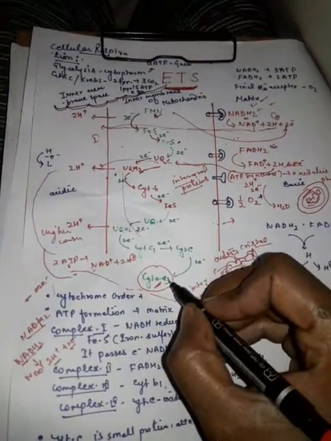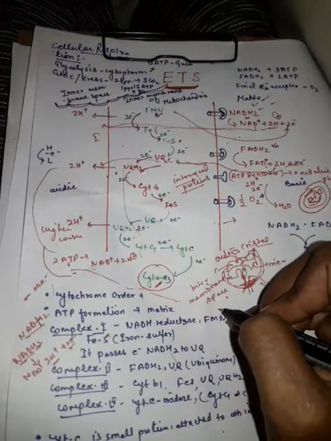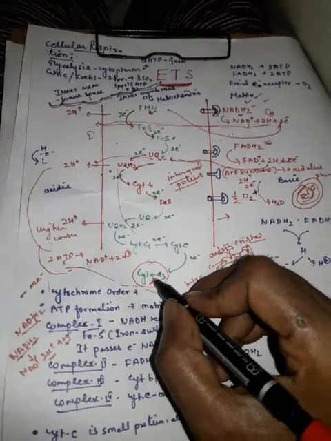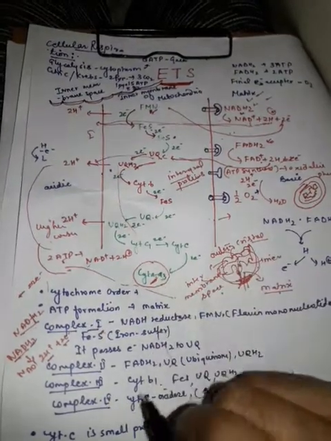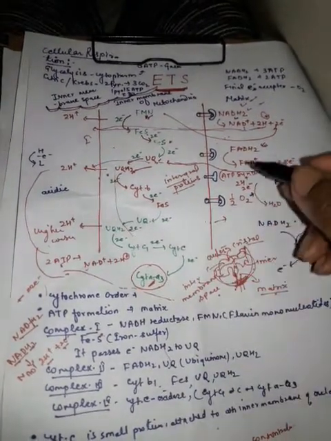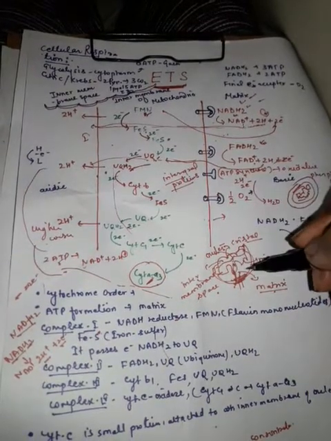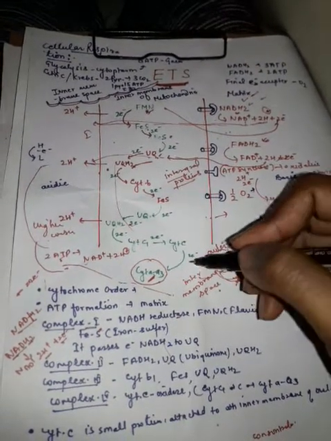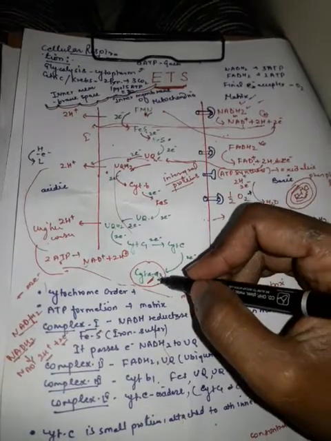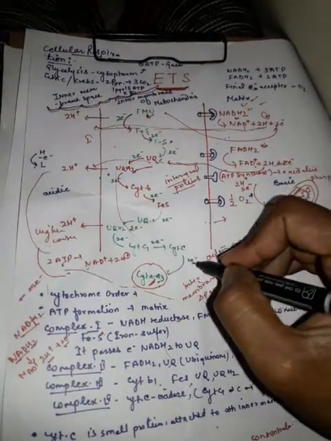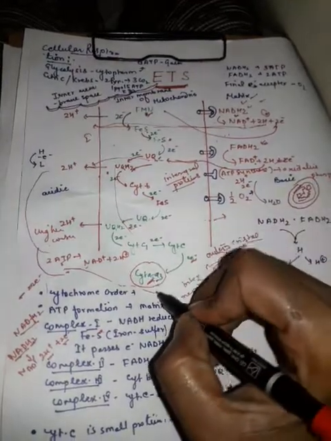You should remember this because a question can be asked which is the last electron acceptor, okay. So cyt a and a3, okay. If a question is asked which intermembrane space component captures the electron, then this will be it, okay.